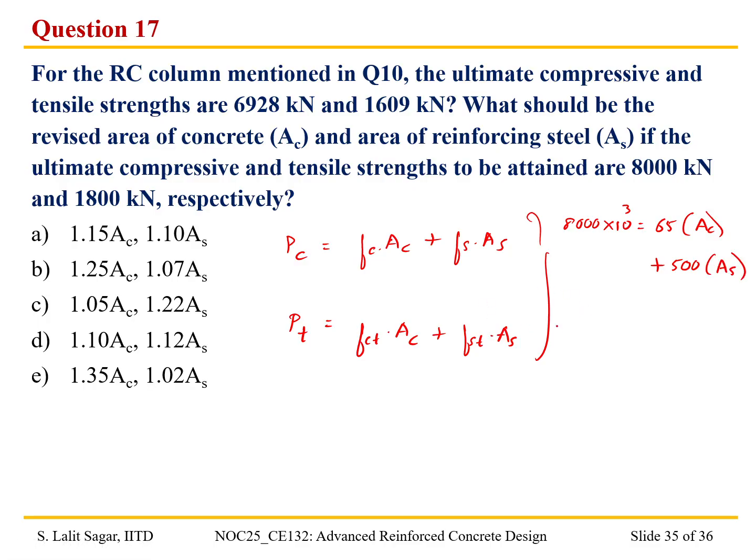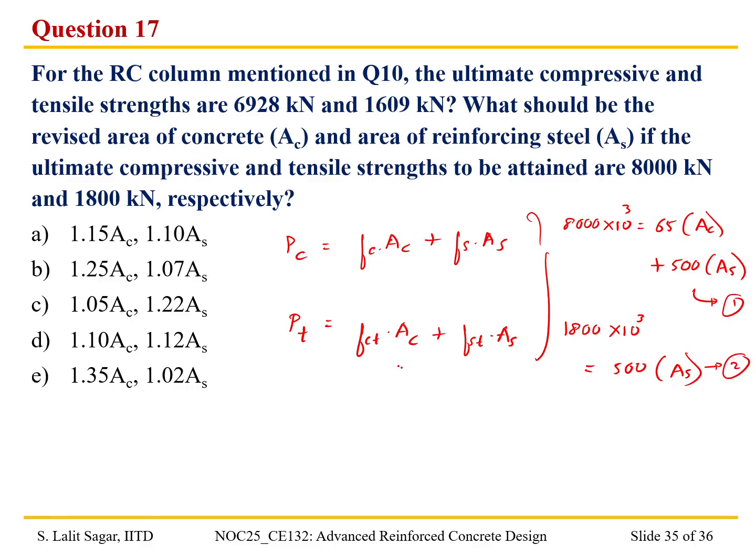Now for the tensile capacity, that is 1800 into 10 to the power 3 is equal to, what is the capacity now? Okay, here the contribution of concrete is not considered, so it is simply going to be 500 into AS. Okay, let us call this equation 1 and equation 2.